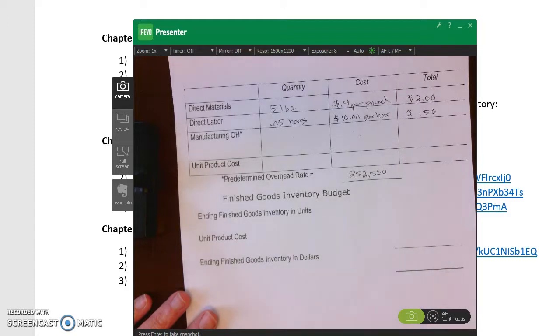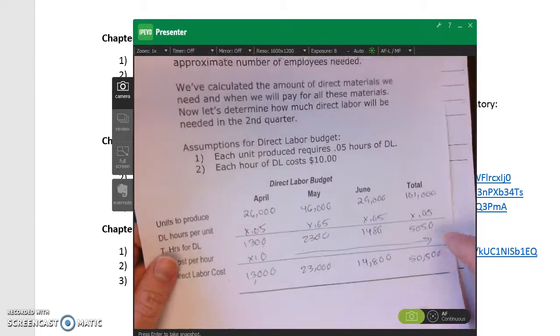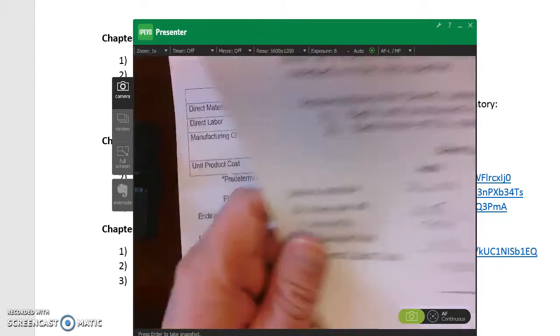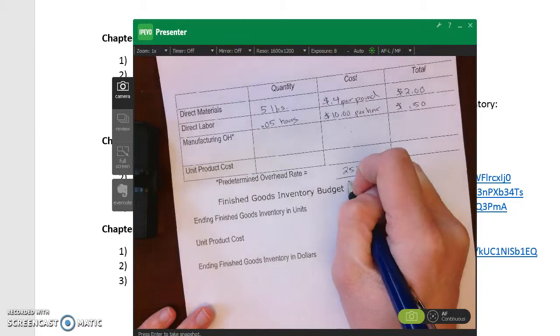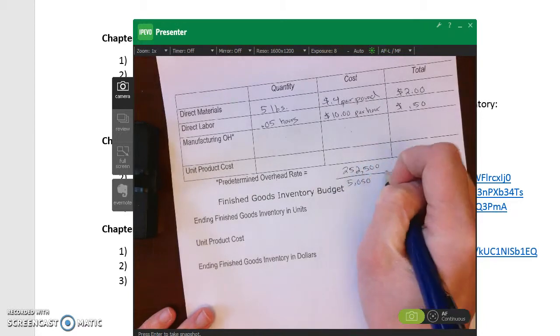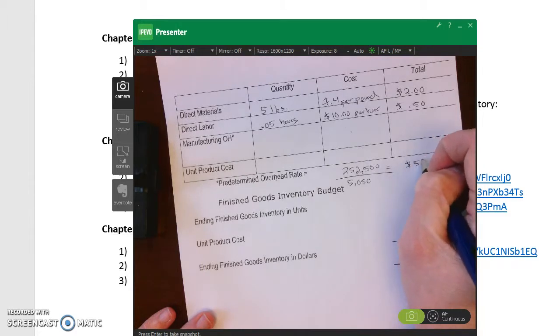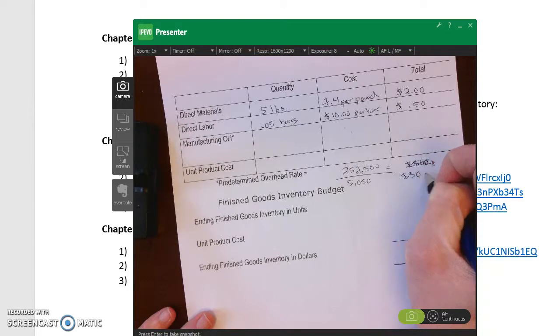Now it says on the prior page that we applied overhead on the basis of direct labor hours. So you'd look back at our direct labor budget and see that we thought we were going to have 5,050 hours. That's total hours. When we do it, we get $50 per hour.